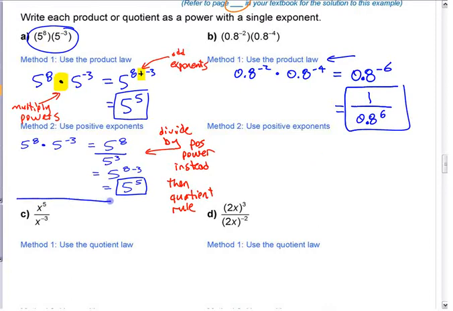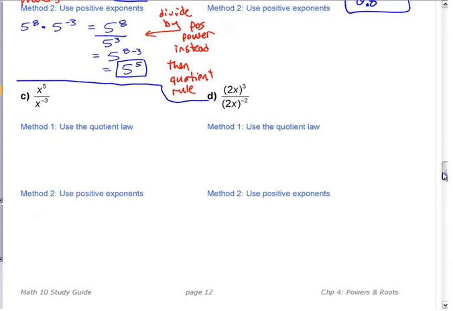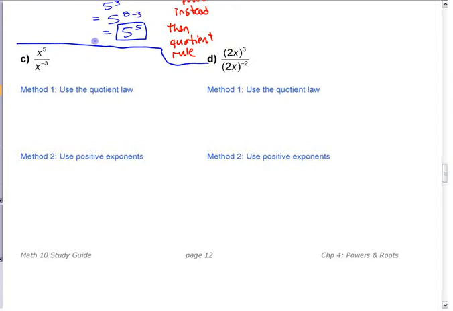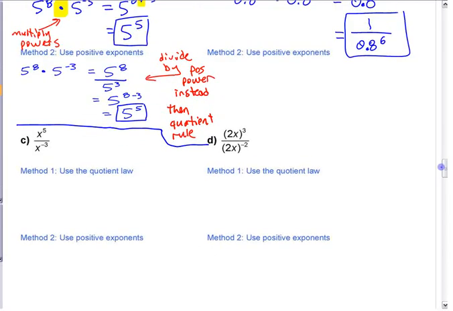This third one down here, x to the 5th divided by x to the negative 3. It follows again here that if you are multiplying by a negative power, it's the same as dividing by a positive power. It follows now that if you're dividing by a negative power, what's that the same as?